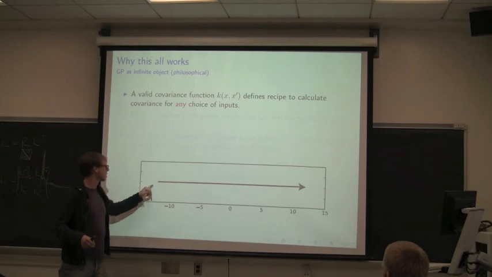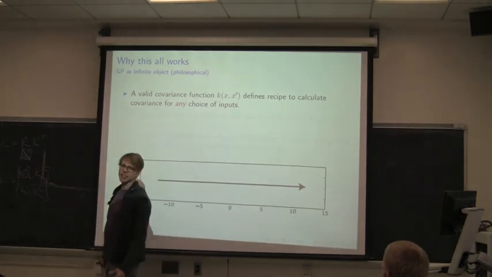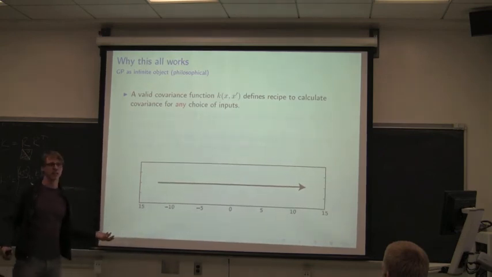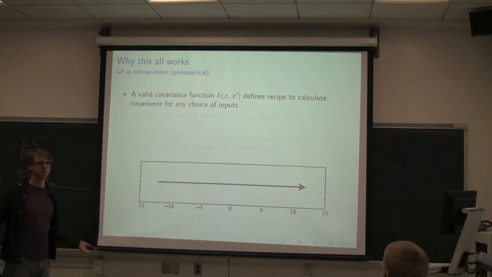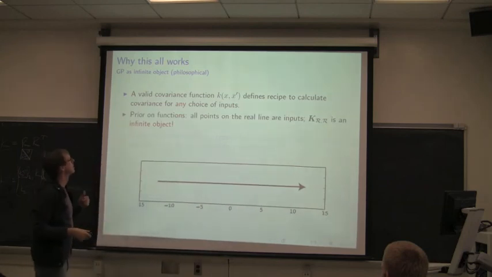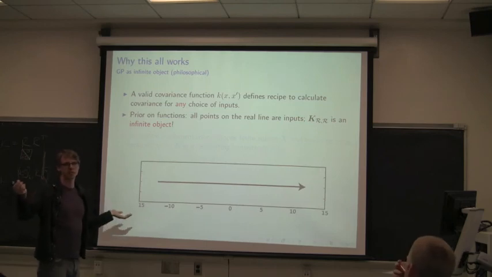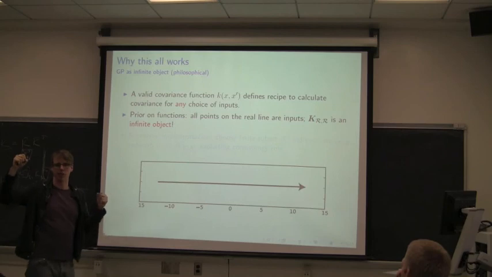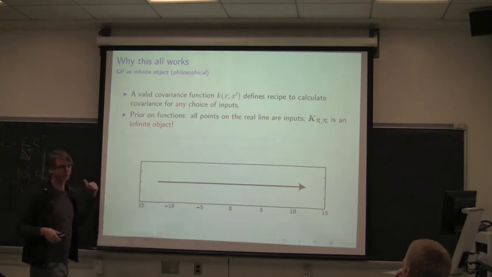But in theory, if x is on a continuous scale, we can have an infinite number of those, which would be an infinite by infinite covariance matrix. And now we can get to every subset by marginalization, which basically means from this infinite matrix, we only need the values that we actually are interested in. We only need the x's that we actually want to evaluate y for.